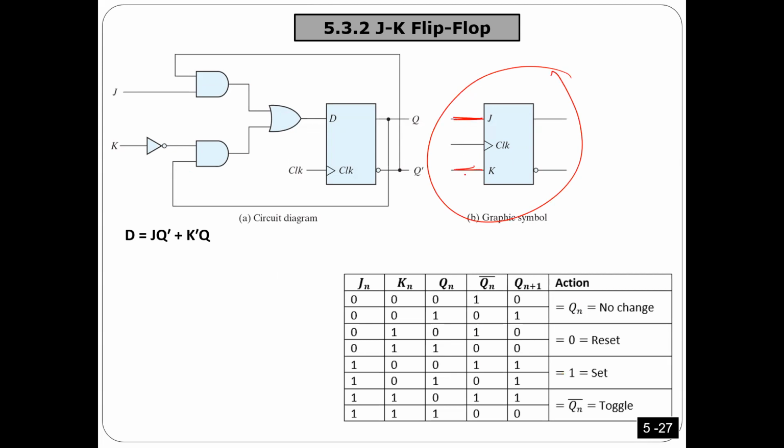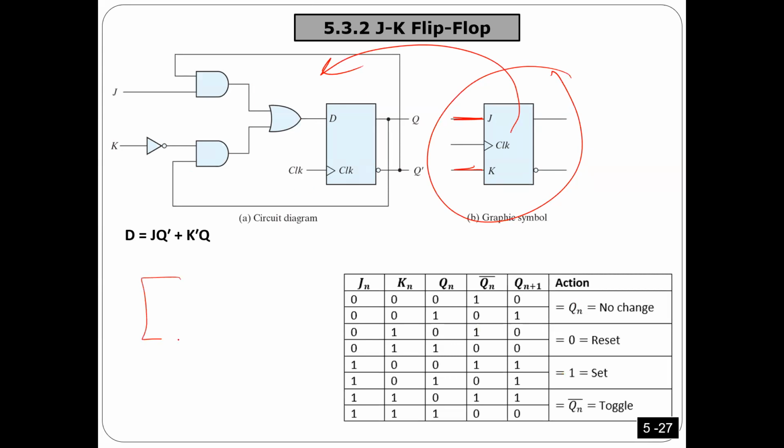One is called J, another one is called K, right? And actually, D flip-flop is the building block for this one. So if you look at whatever inside here, you will see we have D flip-flop here, as I'm going to explain.